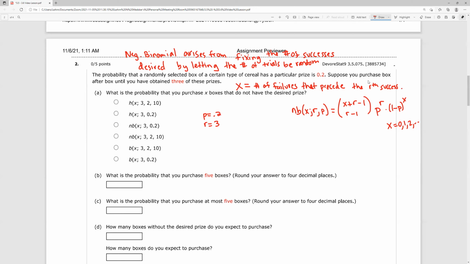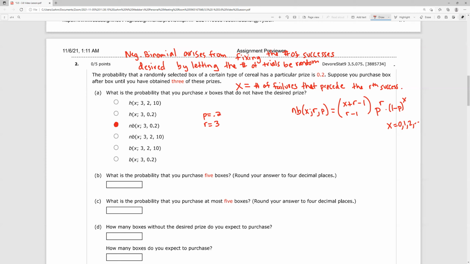So negative binomial, and then remember, we're only supposed to have 2 things after that: the R, which is the number of successes that we'll get to at the very last pick or draw, and then the probability of success. So it's going to be this one right here. Negative binomial of variable X with 3 successes total, and the third success is the last thing we do. And remember, that is 0.2 probability of success of getting the actual prize.